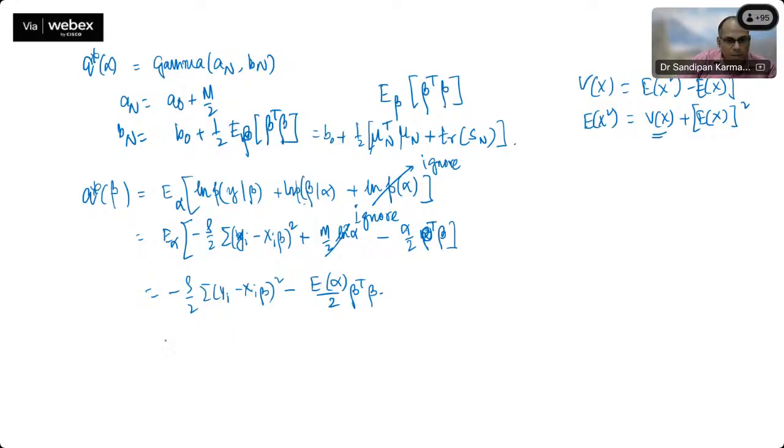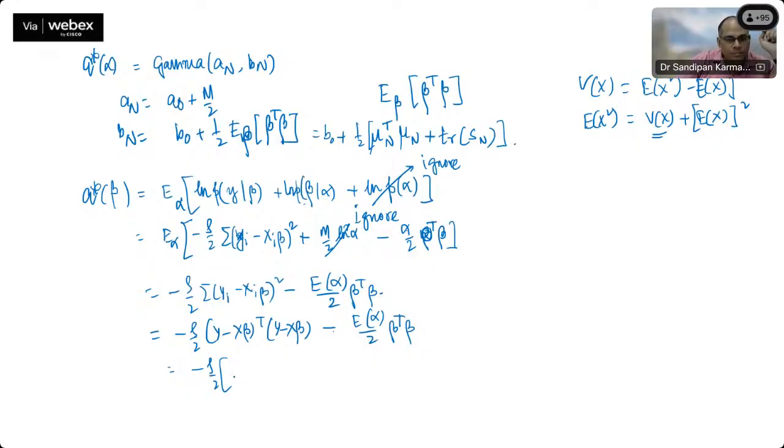Now we'll be expanding this. So this will be minus rho by 2, and I am writing it as (y minus x beta) transpose (y minus x beta), minus E of alpha by 2 beta transpose beta. Minus rho by 2, so this will be coming as y transpose y, which I am ignoring.